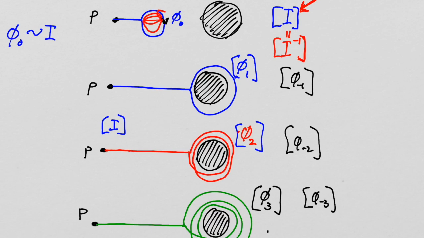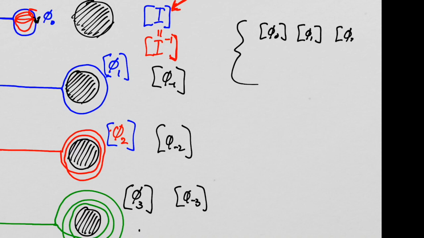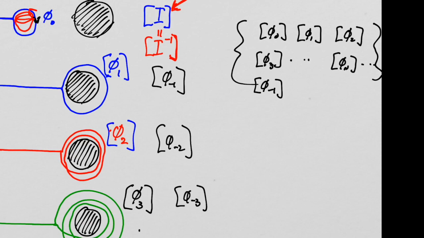If I can now create a set of all the equivalence classes, right? Because now I'm thinking of the equivalence classes as elements of this set: phi 3, phi n. So there's an infinite number of them. Oh, and I should be careful to indicate there's also phi minus 1, right?